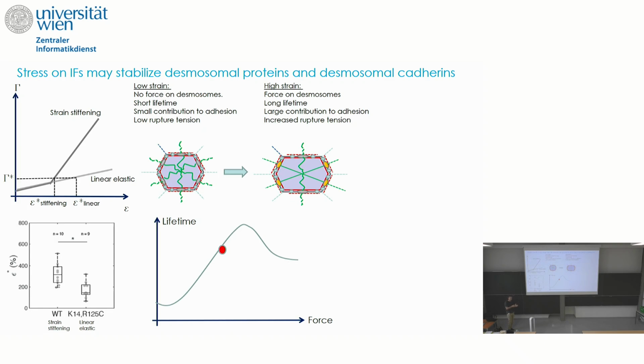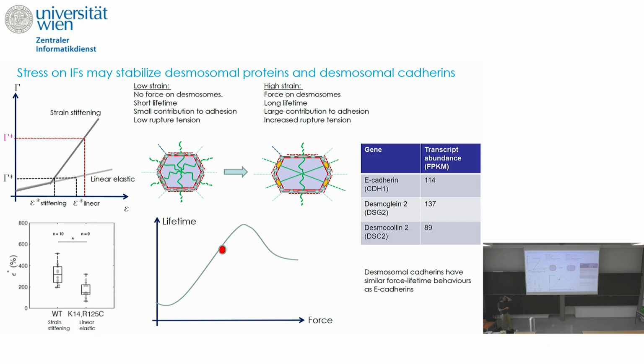So application of strain would do two things. It would stiffen the material, but it would also add effective adhesion between cells. And in that case, because we're adding effective adhesion, then we'd have to recalculate our rupture tension, and that might now explain why we've got a higher rupture strain.